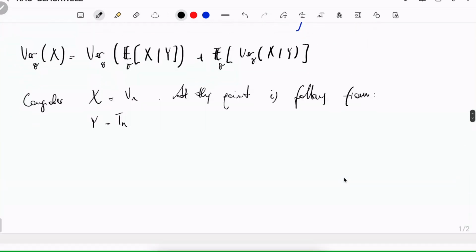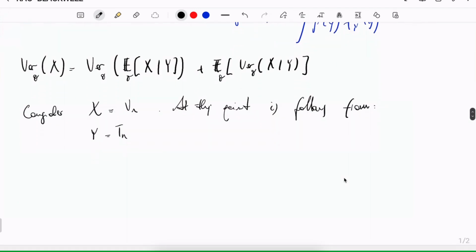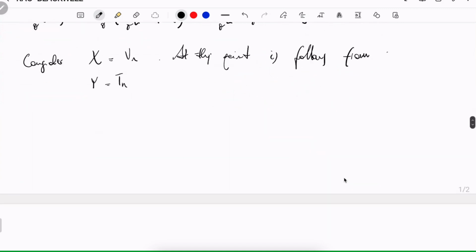New page. Okay, so 1 follows from the fact, let's call this A and B, from A.